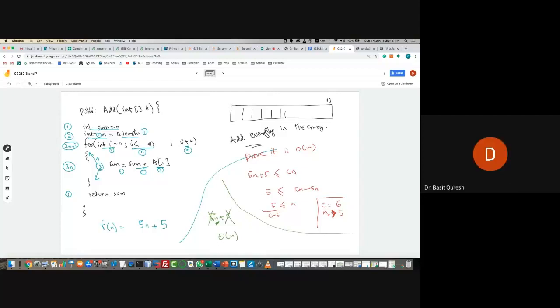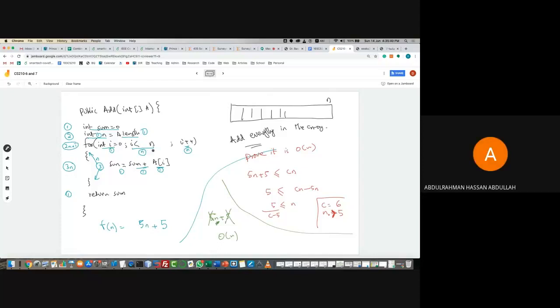Very good observation. But basically this is running n times. If you're starting at 0, yes, it will finish at n minus 1. This is why it's less than n. So this is running exactly n times, not n plus 1 times. If I had put equal to over here, then yeah, you can say this is n plus 1 times.